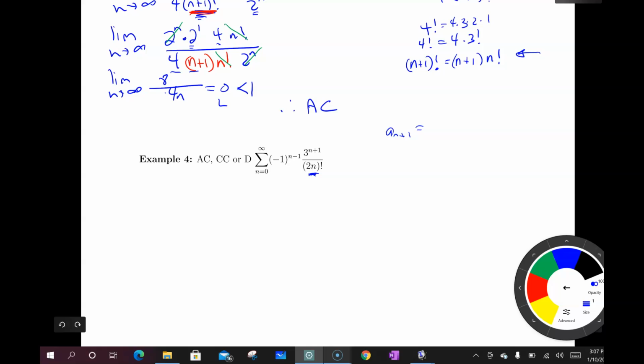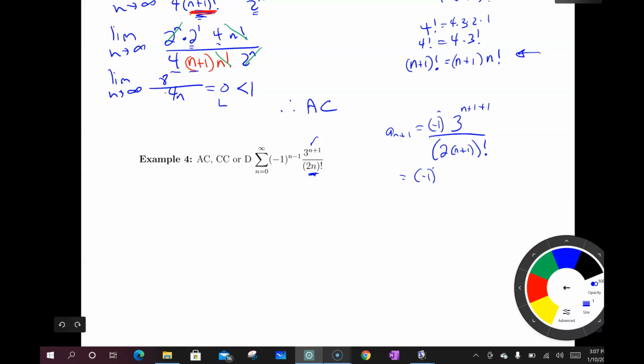All right, so let's look at the n plus first term on this one. If I plug in n plus 1 everywhere there's an n, I get negative 1 to the n plus 1, and 3, careful here, I'd have n plus 1 plus 1. And in the denominator, I'd have 2, and then be careful, look at where that n plus 1 has to go.